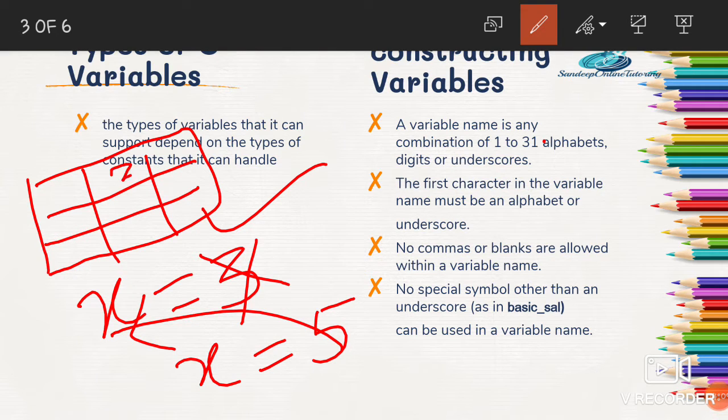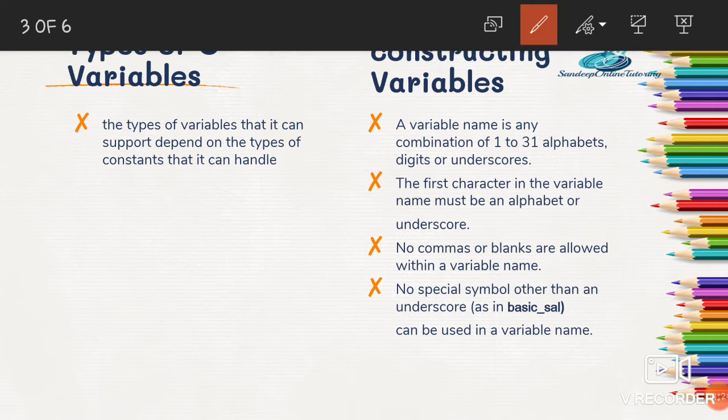Initially we have the value 3. Let's suppose this location is x and its value is 3, but later on the value 5 will be stored in this place.